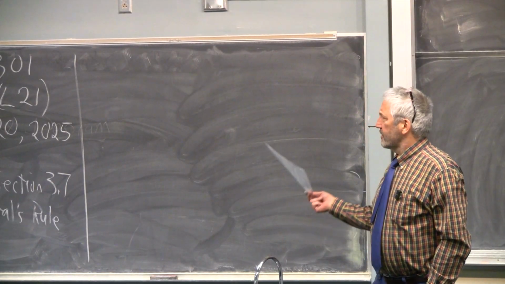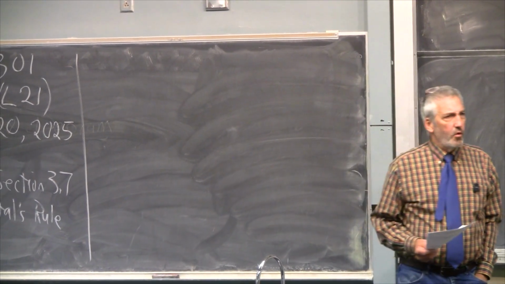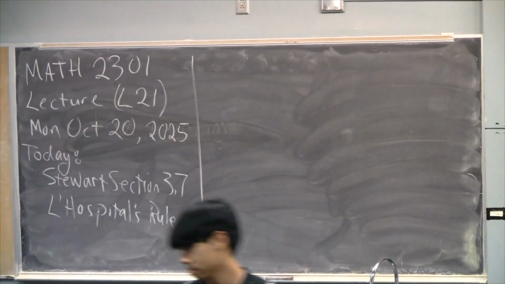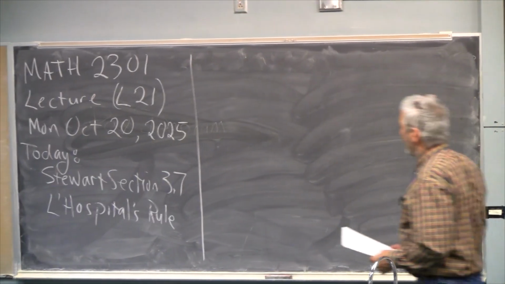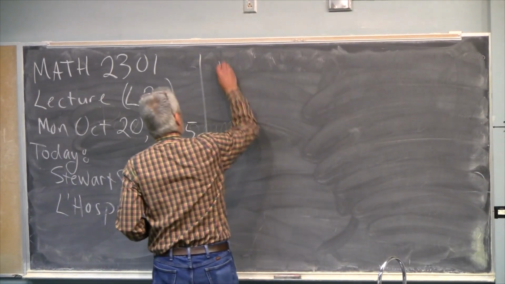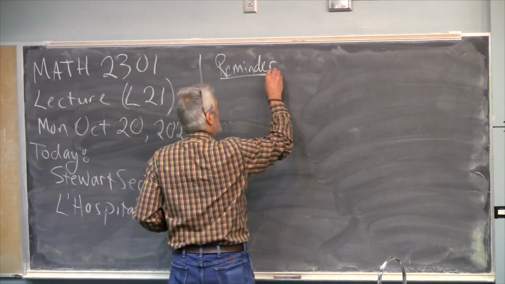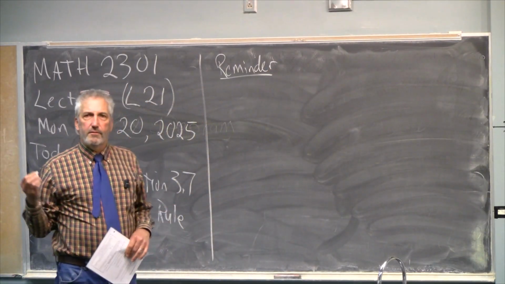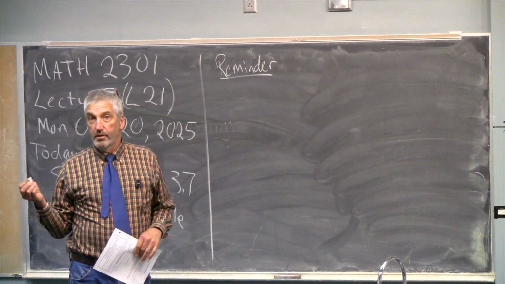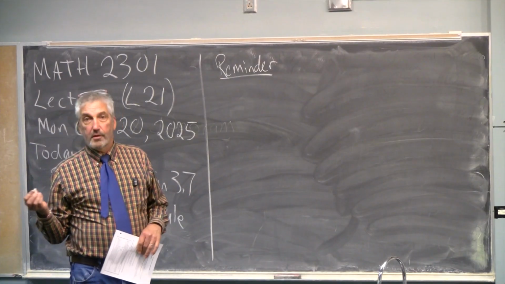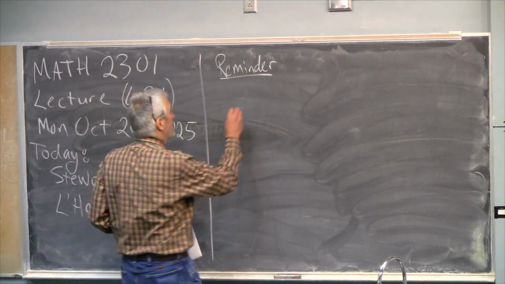Today we're discussing Stewart section 3.7, L'Hôpital's rule. Before we start that, I want to remind you of something. When we find a derivative of a quotient, it's not equal to the quotient of the derivatives.